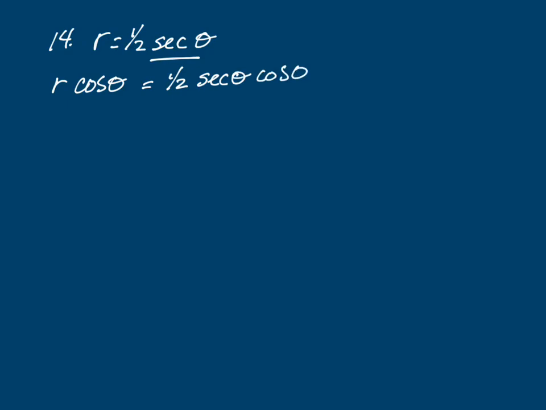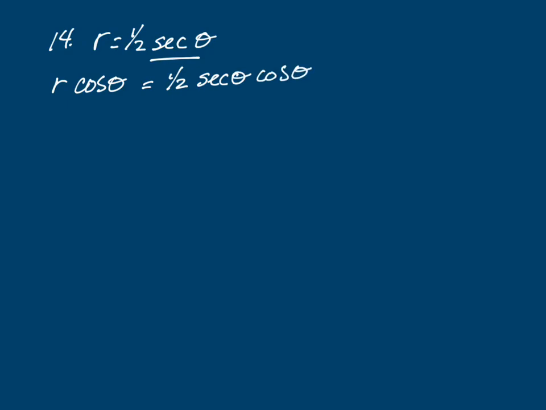Number 14, we have r equals 1/2 secant theta. Okay, now this is a secant. I want it to go away, so I need to multiply by r cosine theta. So r times cosine theta equals 1/2 secant theta cosine theta.